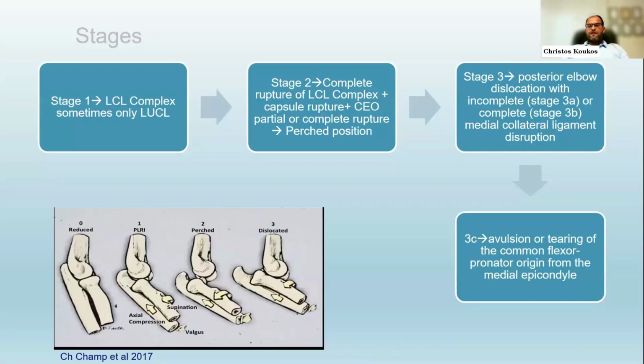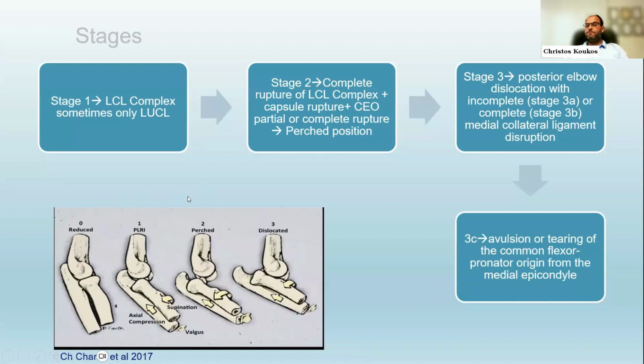That gives us three stages. Stage one means a rupture of the LCL complex, or sometimes even just the LUCL, as you see in the bottom picture. Stage one is the PLRI.